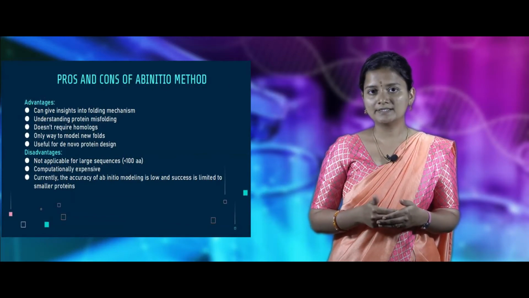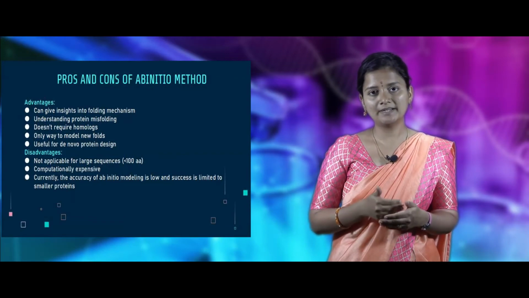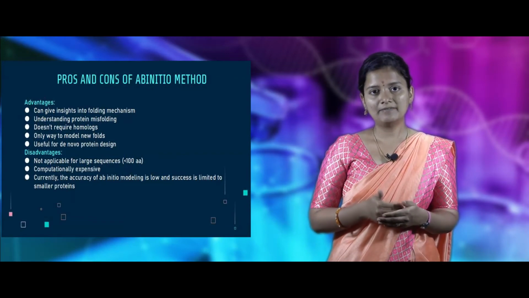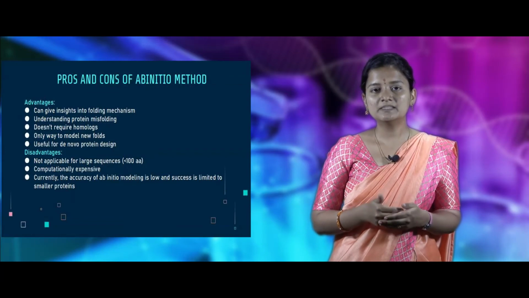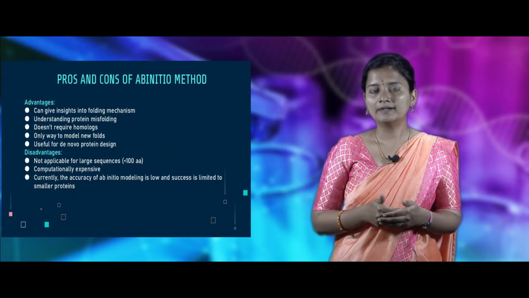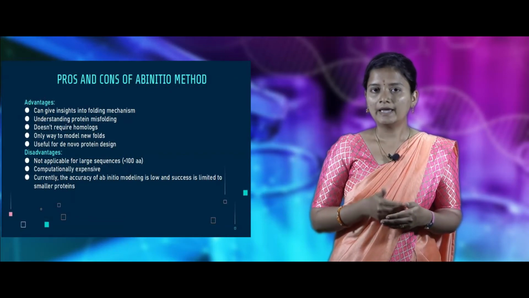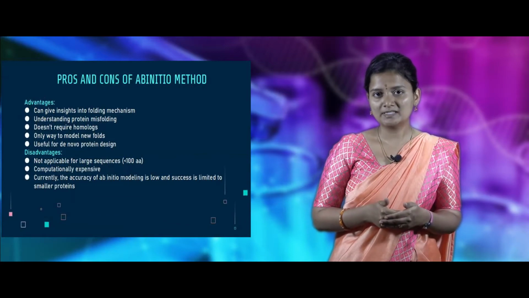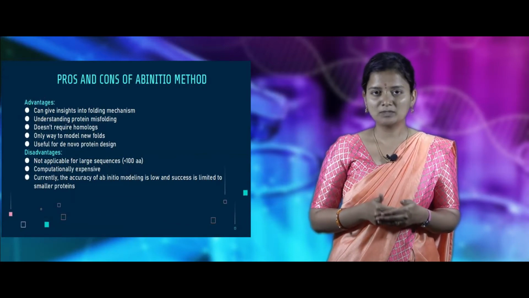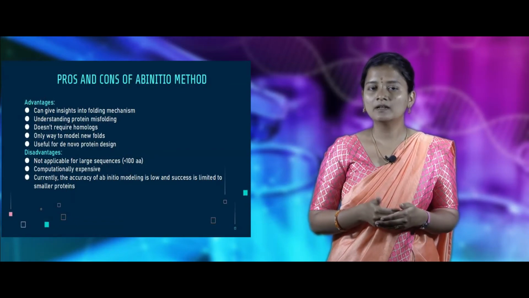These are the advantages of the ab initio method. Now we are going to look at the disadvantages. This method is not preferred for proteins of greater than 100 amino acid residues, only for smaller proteins, and it is very experimentally expensive and very time consuming, and the accuracy of this method is very low.